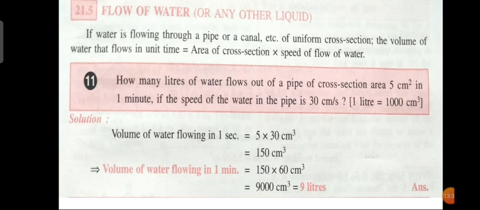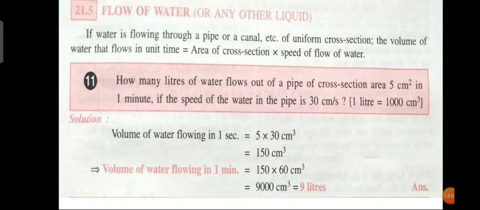If we cross section that pipe, the volume of water that flows in unit time can be calculated: the area of the cross section into the speed of the flow of water. When we solve the example, you will clearly understand.